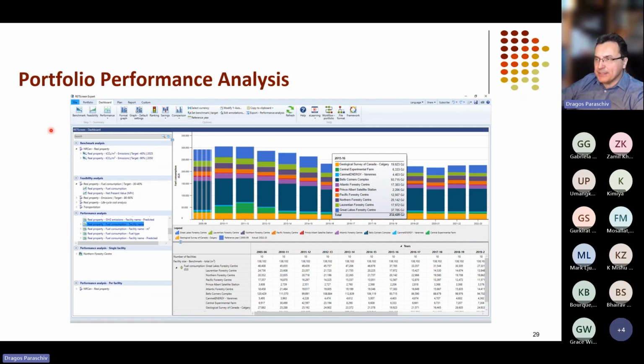Just as an example here, we see a screenshot of performance analysis in a portfolio of buildings. This is one of the portfolio files that is available again in RETScreen. It shows a number of facilities from NRCan, and it analyzes the performance of these facilities along a period of time starting in the 2005-2006 fiscal year.